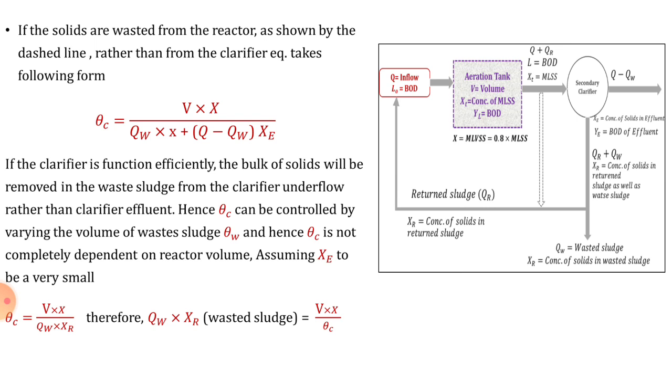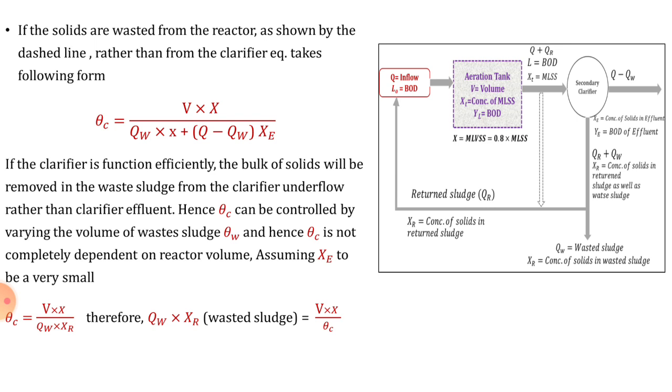If the clarifier functions efficiently, the bulk of the solids will be removed in the wasted sludge from the clarifier underflow rather than the clarifier effluent. Hence, theta C can be controlled by varying the volume of waste sludge QW, and hence theta C is not completely dependent on the reactor volume.